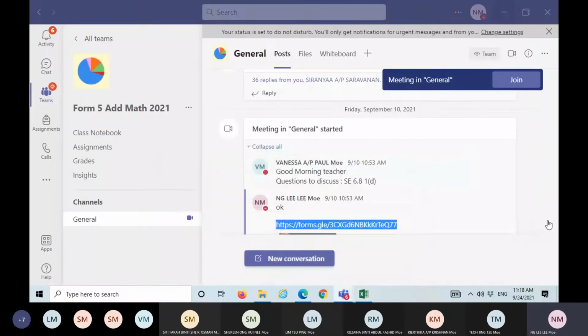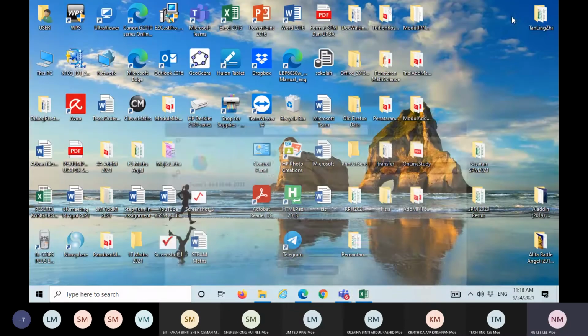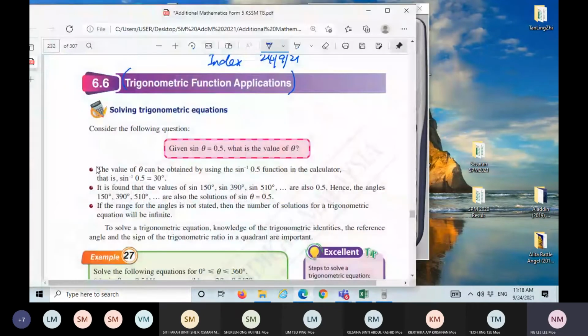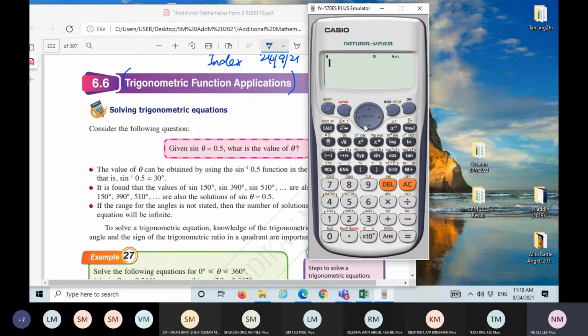You see, you are after holiday already, you still can answer my question very well. Actually, the answer is underneath here. The value of theta can be obtained by using the shift sine 0.5 function in the calculator. That is, you will get 30 degrees. So the answer is 30.